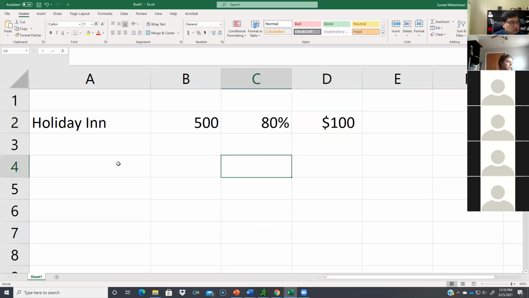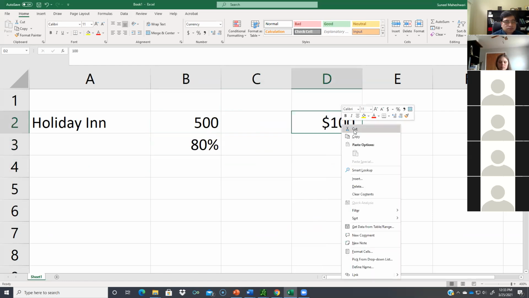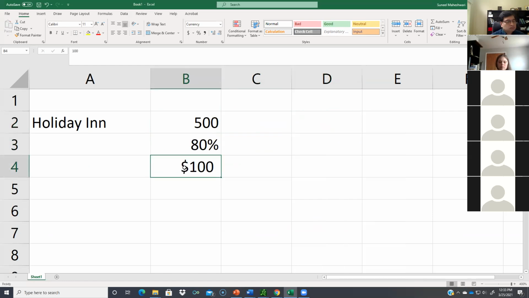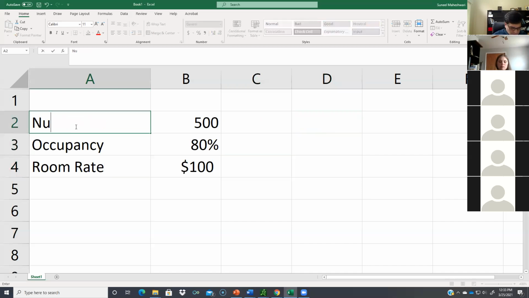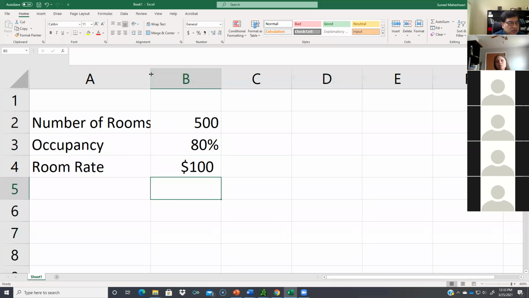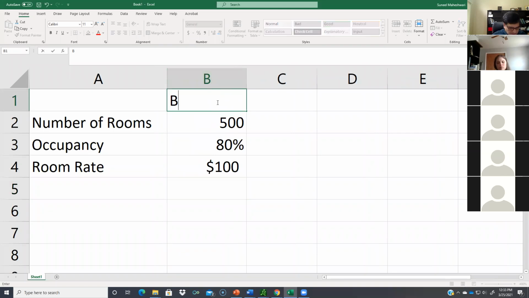Let me just do it a little bit differently, so that it is clear what I'm writing. So let's say room rate was $100. This was occupancy percentage, and this was number of rooms. If you remember, that's what we did in the master budget, right? Now, this was what was budgeted or which we thought was the standard for us.